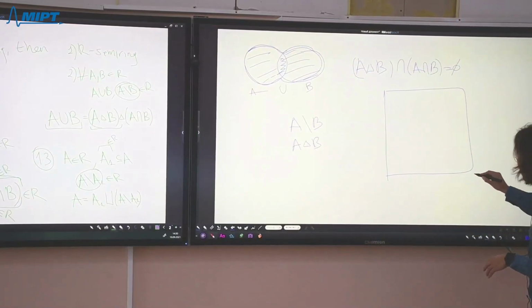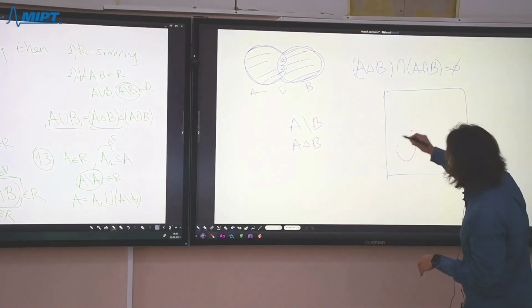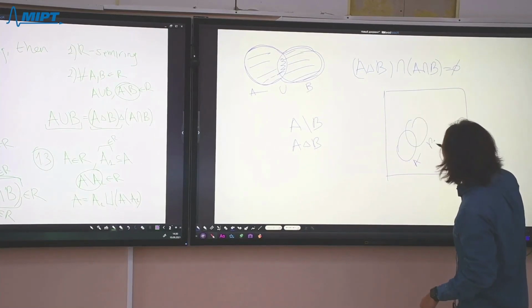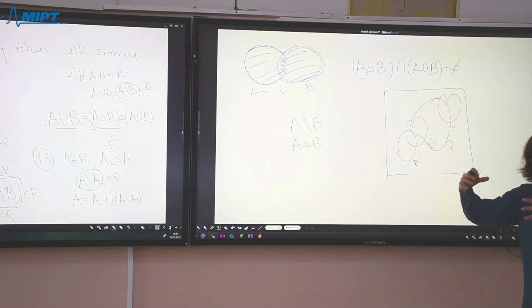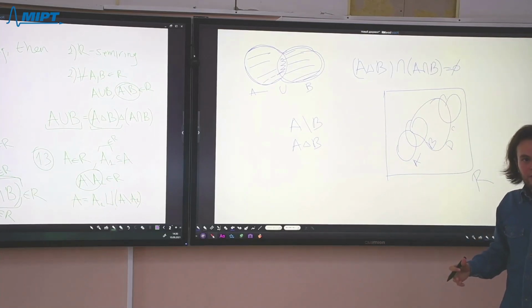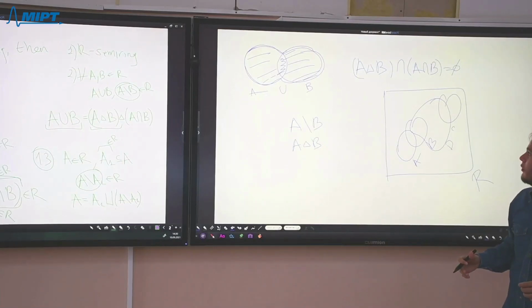For example, this is A, this is B, this is C, this is D, right?